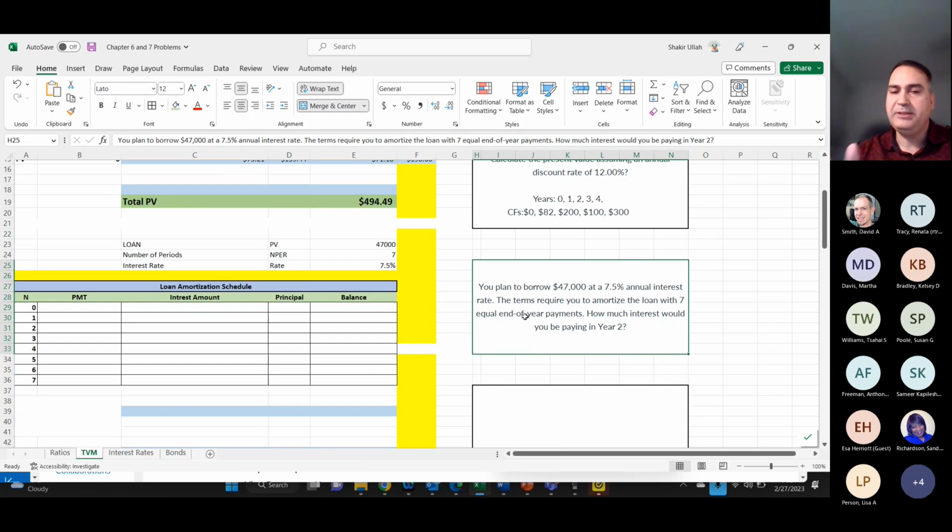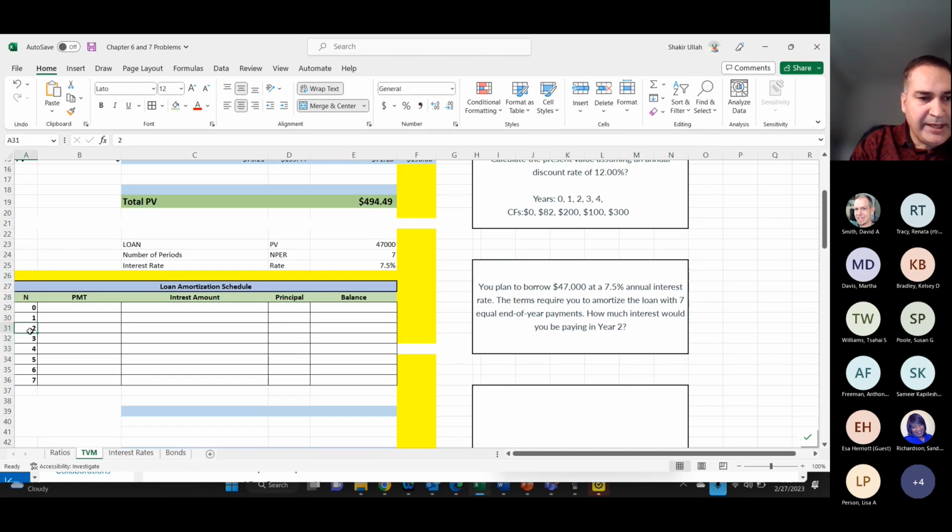So end of year payments means this is an ordinary annuity, right? How much interest would you be paying in year 2? So here is the year 2, if you see. And if we complete this table, the interest amount in year 2 would be right here. But for that, I need to complete the table first.